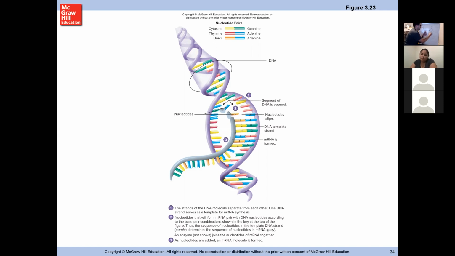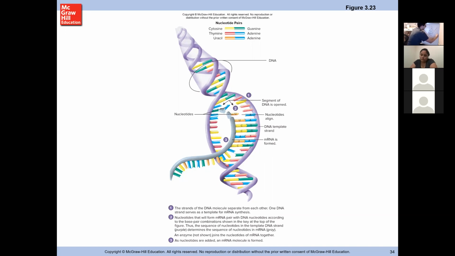So this is what we call the daughter strand. So what we're actually doing is we make two molecules of DNA as a result of this.